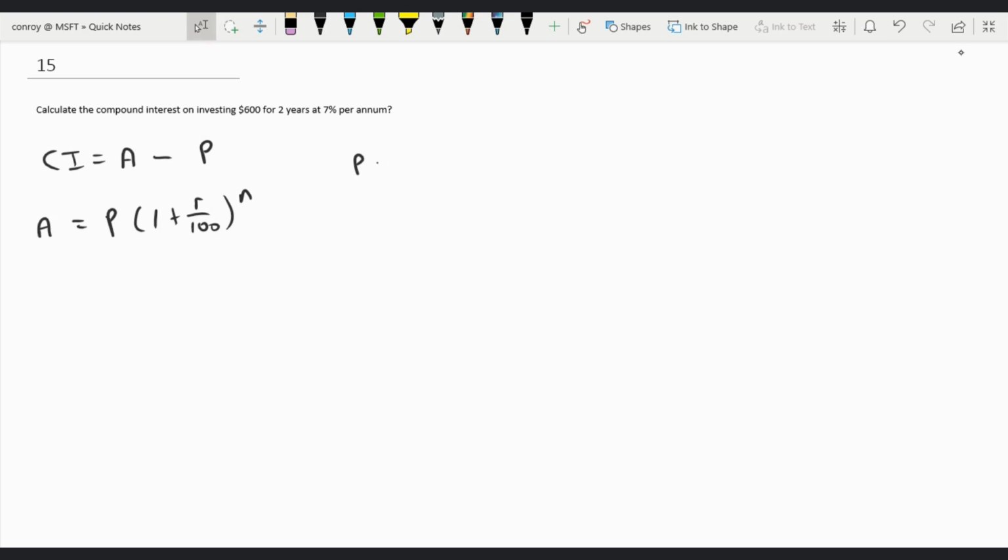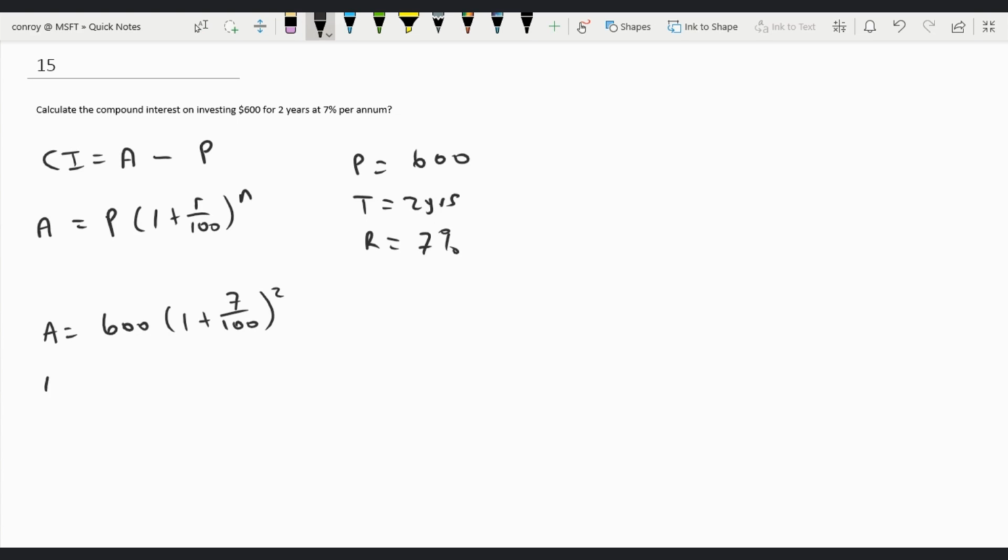So our principal is equal to $600, our time is equal to 2 years, which is also our N, and our rate is equal to 7% per annum. Putting that now in the formula, A is equal to 600 times 1 plus 7 over 100, all to the power of 2 years.